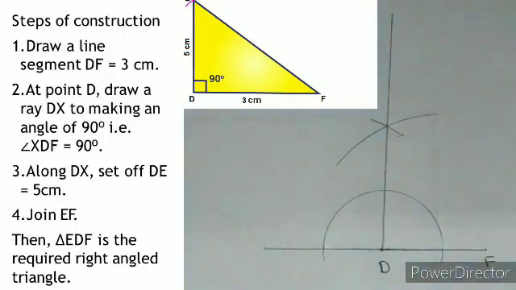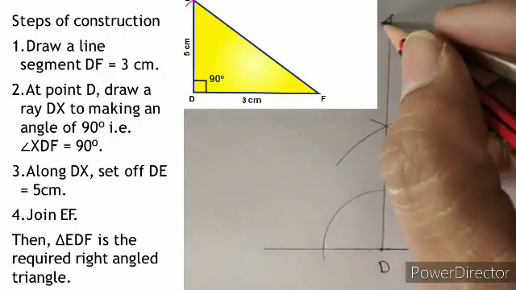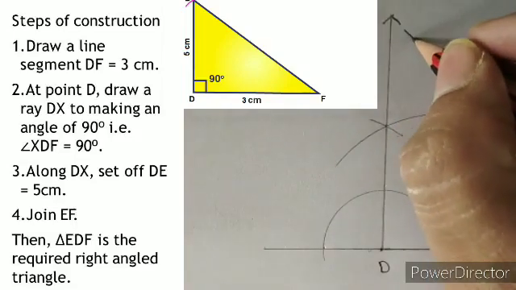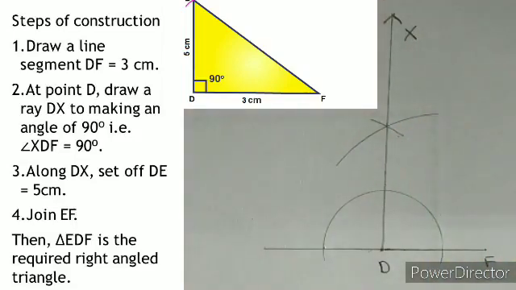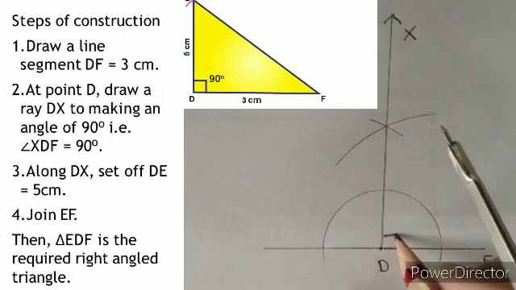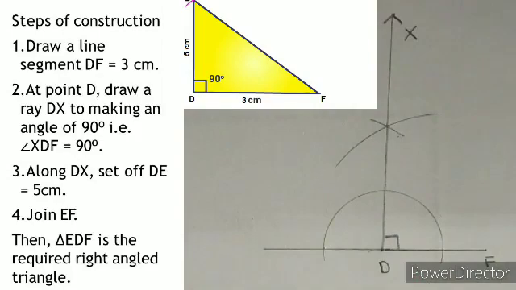Now after constructing angle XDF equal to 90 degrees, along DX set off DE equal to 5 cm.